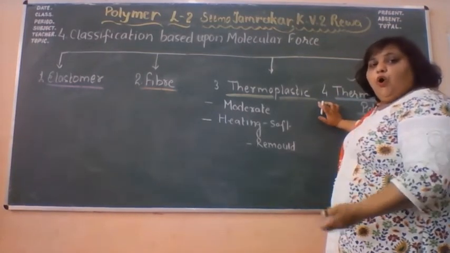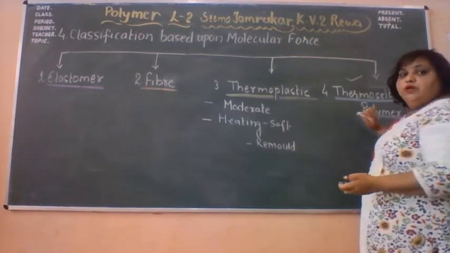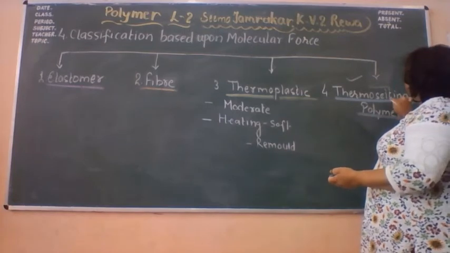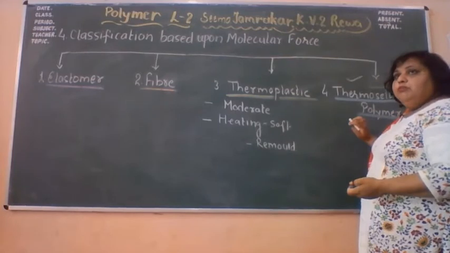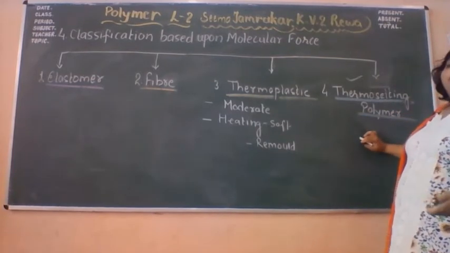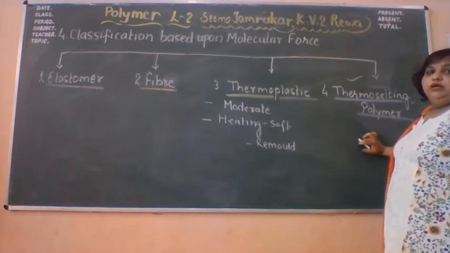To avoid this, we use another category of polymers, called thermosetting polymers. The polymer that becomes hard on heating, and you cannot regenerate or remold it.